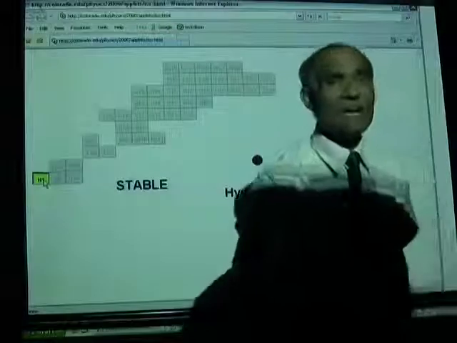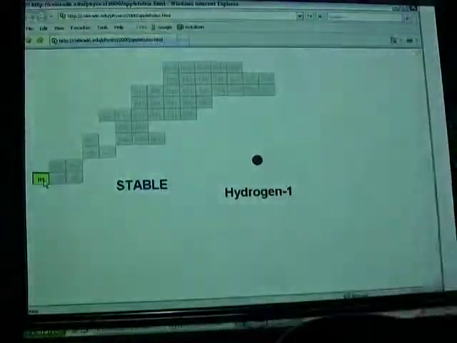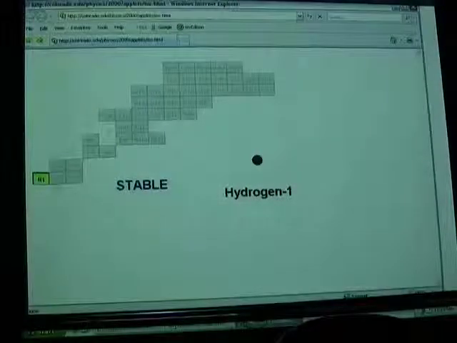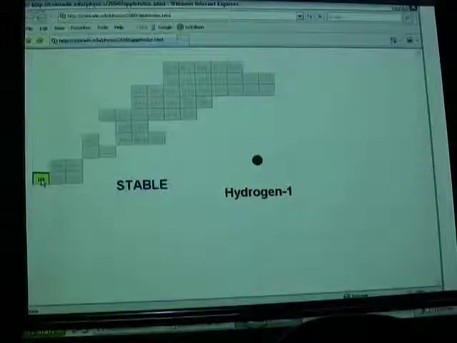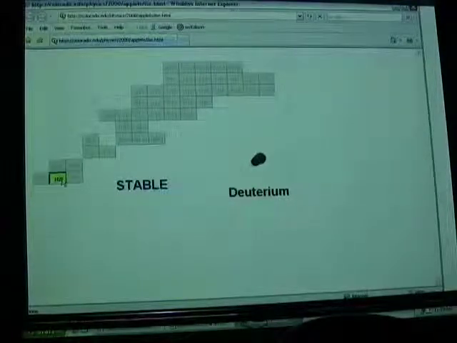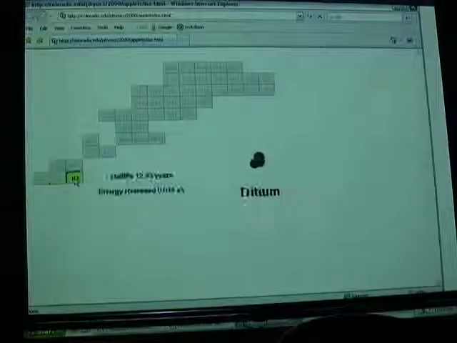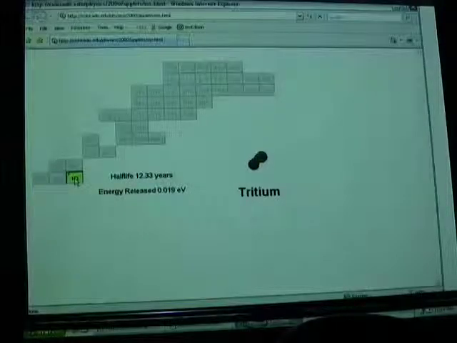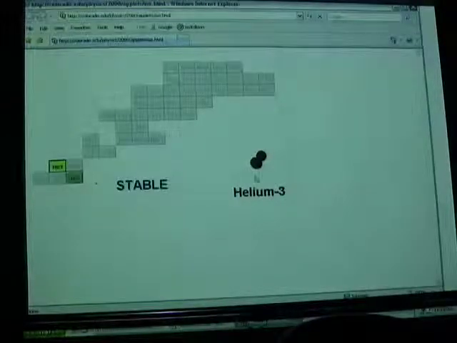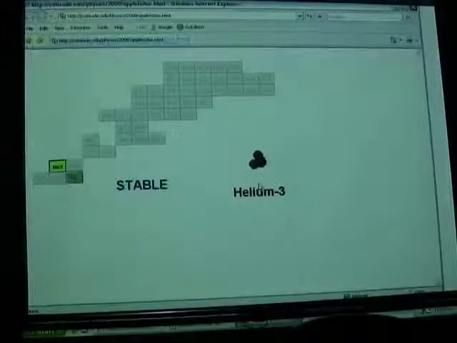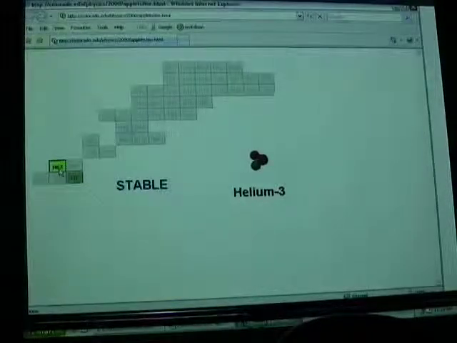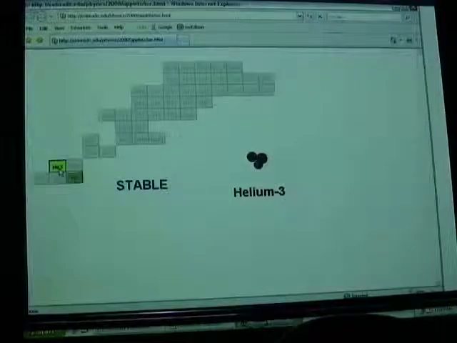Now, we can actually click on each of these and find out. Let's see whether each of these is stable or not. Hydrogen, normal hydrogen is stable. Deuterium is stable. How about tritium? Look at this. Tritium is radioactive. It gave rise to a beta and became helium actually.